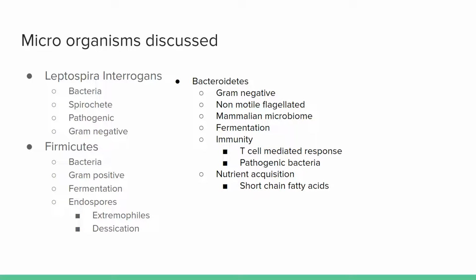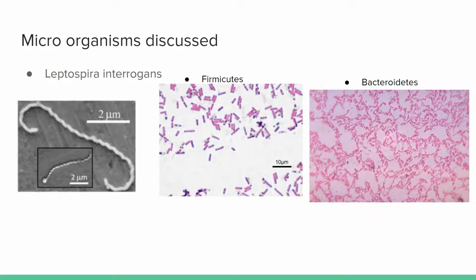The product of this glucose fermentation is short chain fatty acids, which in turn gives the host energy. Bacteroidetes play a part in immunity because they trigger a T cell mediated response to kill pathogenic bacteria. So T cells are cells that develop from stem cells in bone marrow, and they target specific foreign substances such as leptospirosis. This is what they look like.